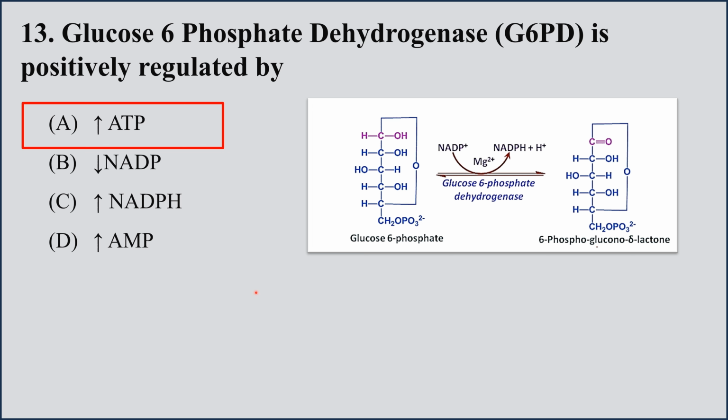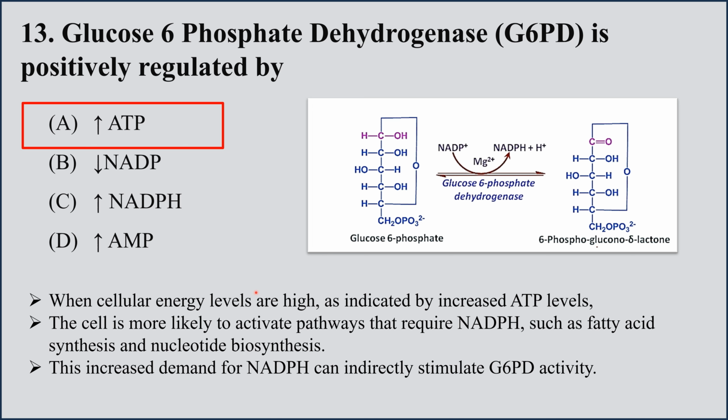So why is G6PD positively regulated by an increased level of ATP? When cellular energy levels are high, as indicated by increased ATP levels, it will activate more pathways that require NADPH, such as fatty acid synthesis and nucleotide biosynthesis. So increased ATP levels and high energy levels will demand more synthesis of fatty acids and nucleotides, for which NADPH is required.